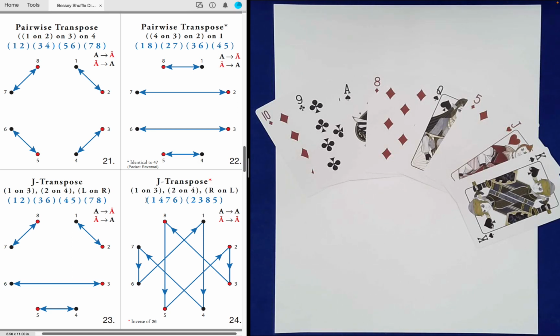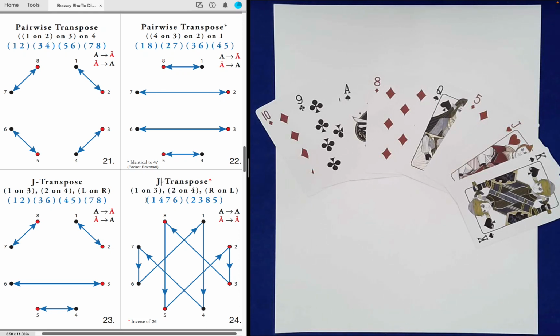And it's because the only shuffles I'm showing you are Bessey Shuffles, and Bessey Shuffles preserve or invert Bessey sequences. And as will become clear by the time that we finish the series, many, if not a majority, of the systematic shuffles used today are indeed Bessey Shuffles. They either preserve or invert Bessey sequences.